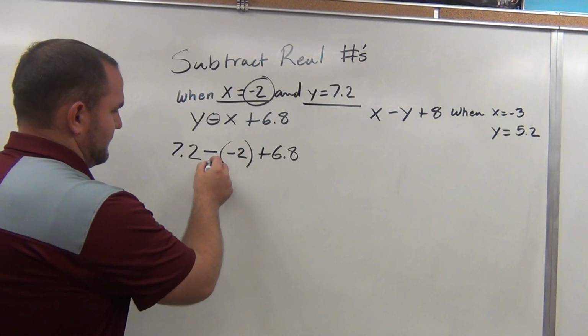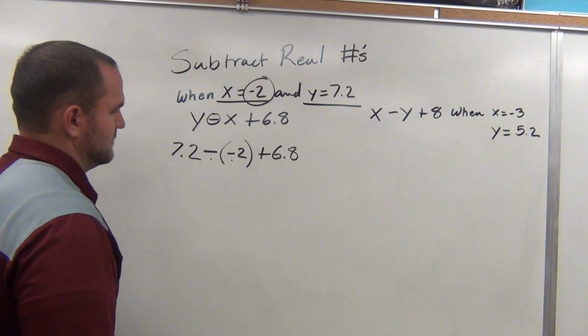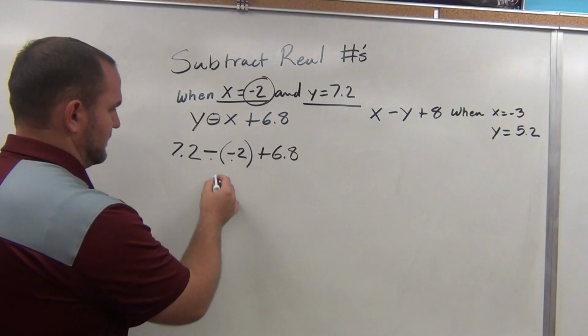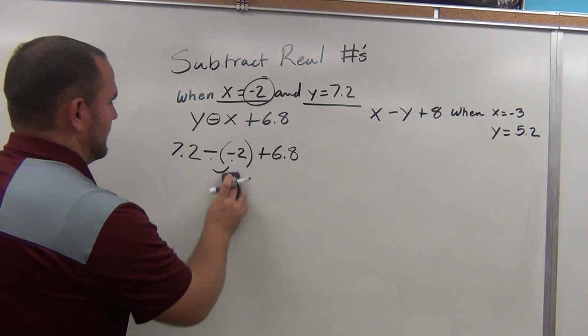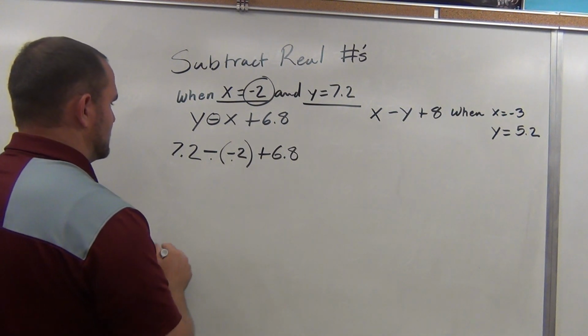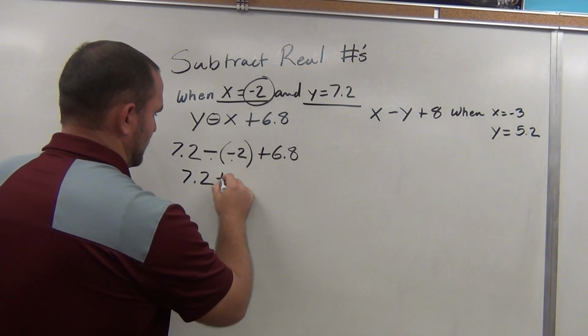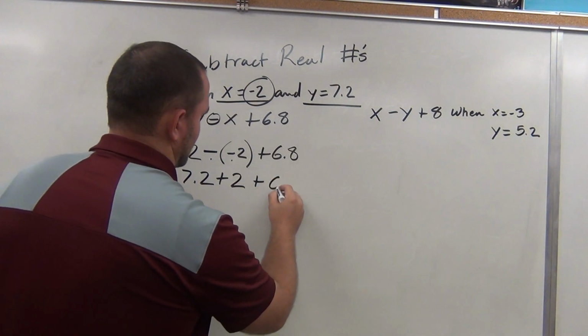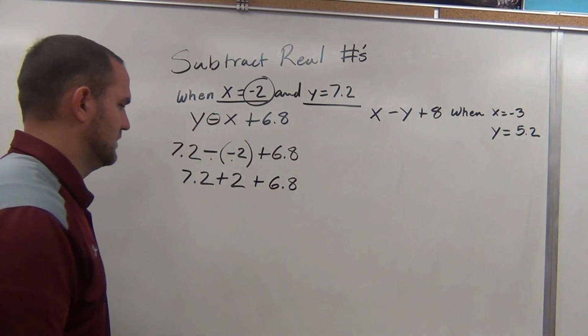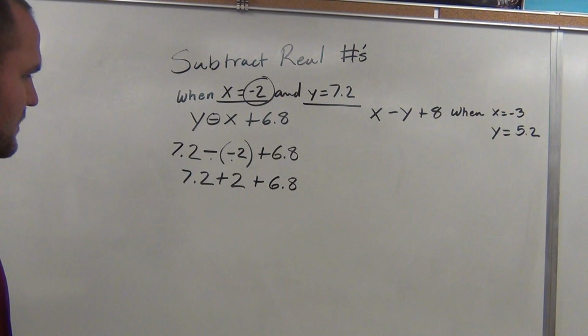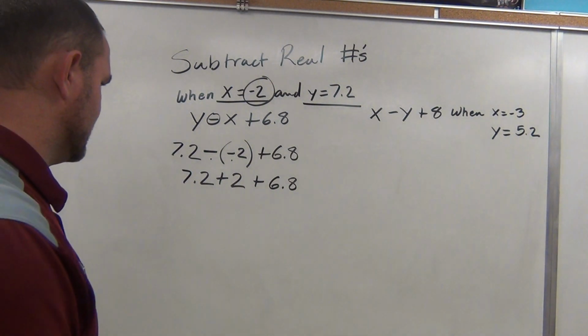Now, if a negative is next to a negative, we need to combine the negative. It looks like a little face. Anyway, so I'm going to now have 7.2 plus 2 plus 6.8. Okay, so 7.2 plus 2 plus 6.8.